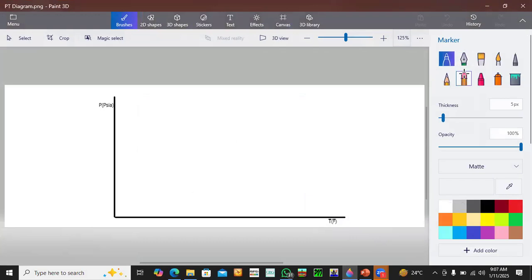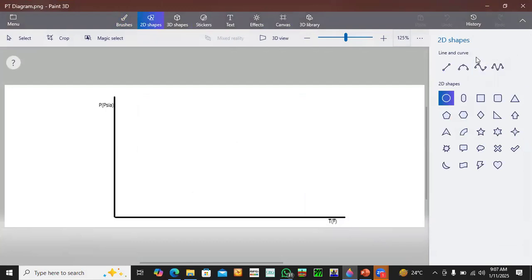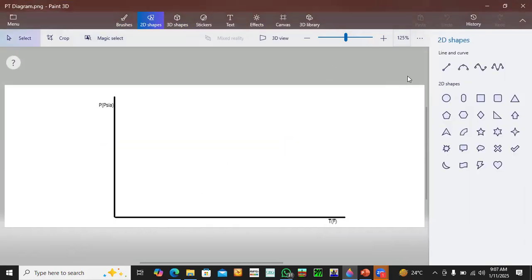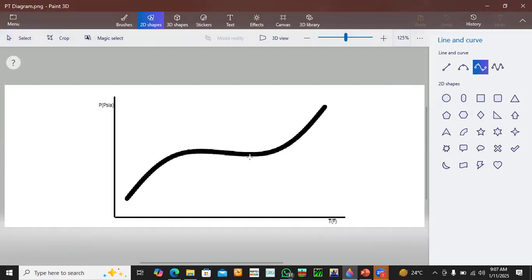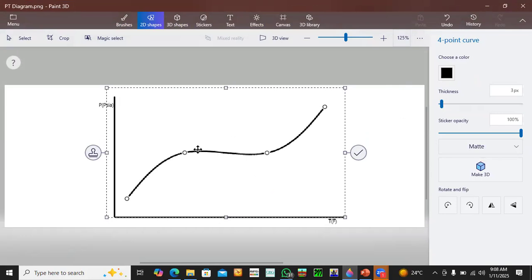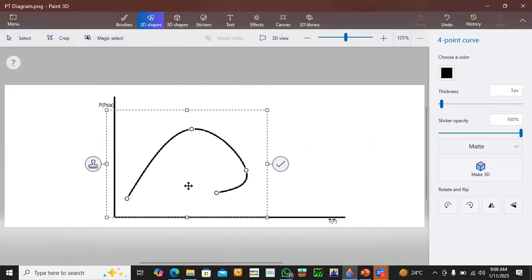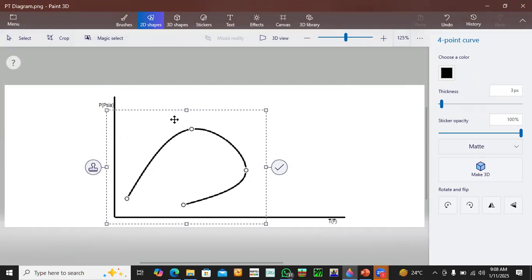And let's say this is our PT diagram. This is the phase envelope, within which we have the two-phase region.